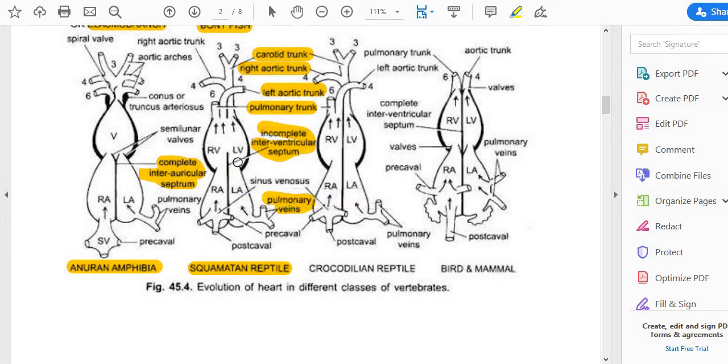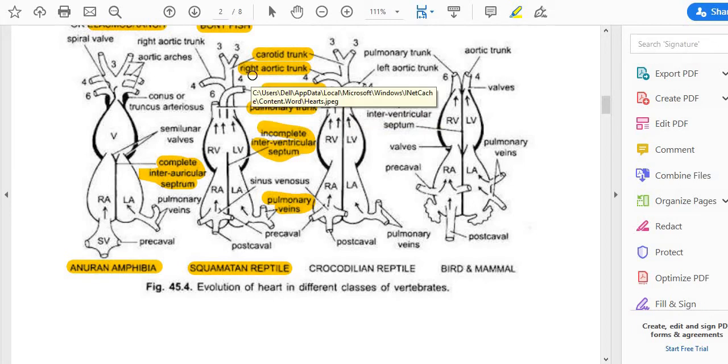So the blood flows to the carotid arch and systemic arches, that is the right and left aortic trunk or right and left systemic arches. From the systemic arches it moves to the other parts of the body, and from the carotid arch it goes to the head.